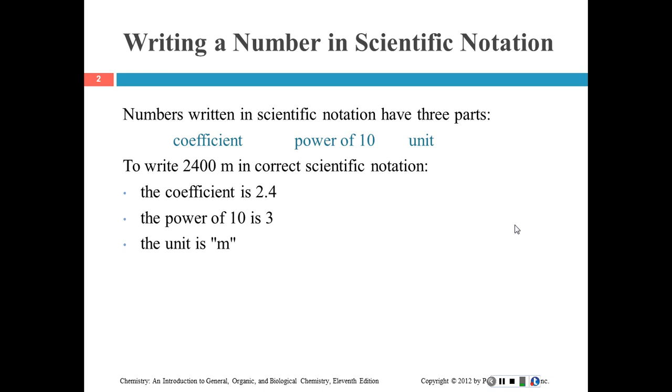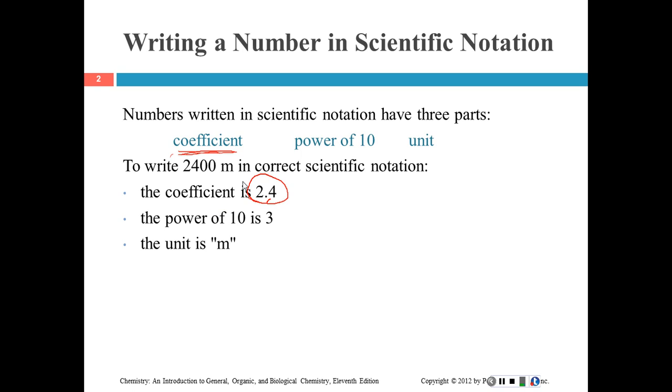So when you write a number in scientific notation, there are 3 basic parts that are important to look at. The first one is the coefficient. The coefficient is the number that begins the scientific number.